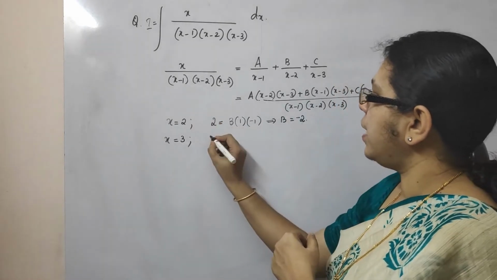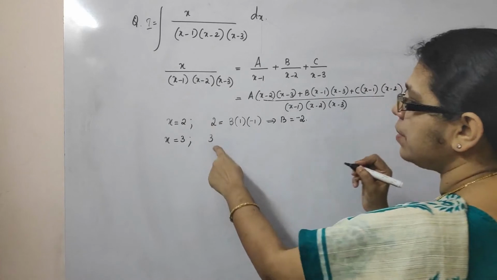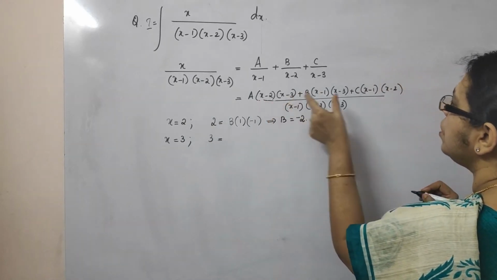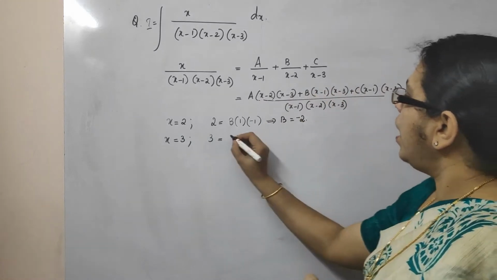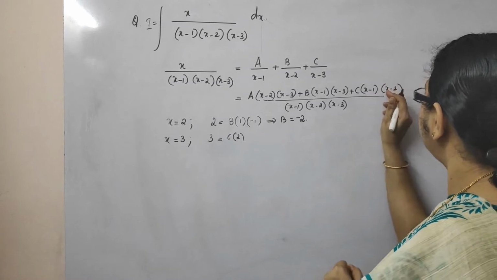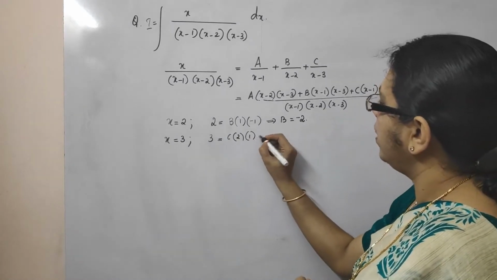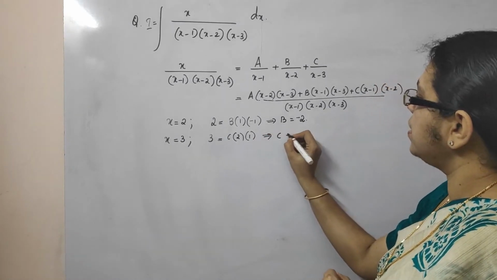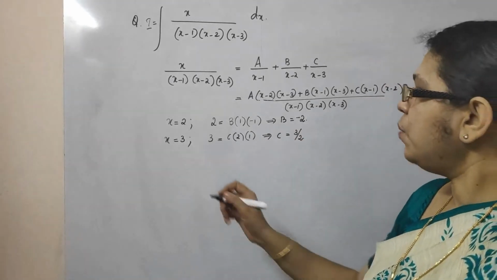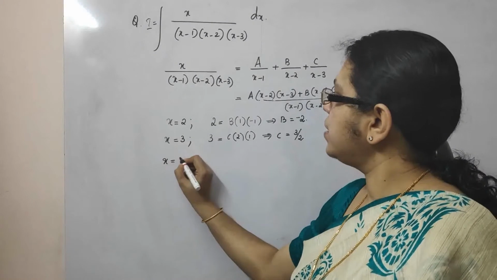So, on this side I have 3 here. For x here I substituted 3. 3 is equal to, now this goes to 0 as well as this goes to 0. I get c into 3 minus 1, that is 2, and 3 minus 2, that is 1. Which implies c is equal to what? 3 by 2.